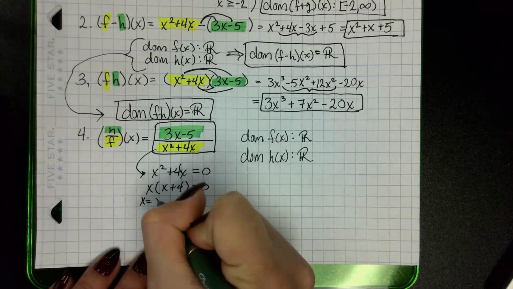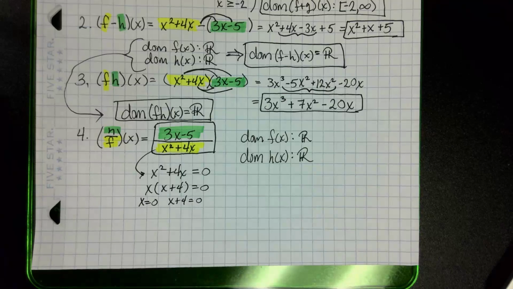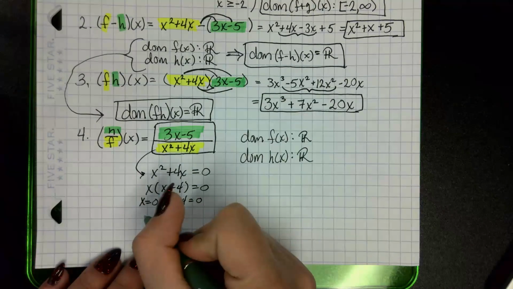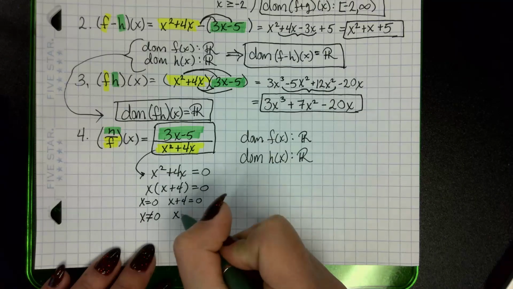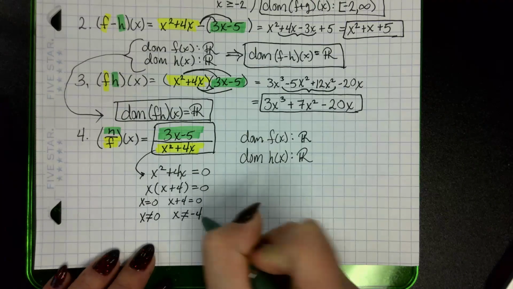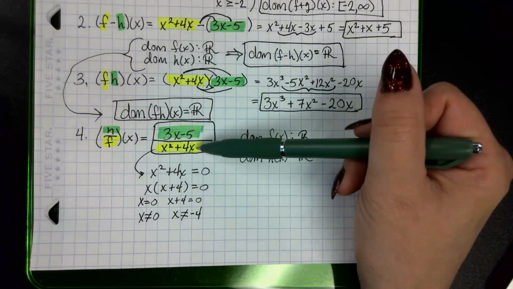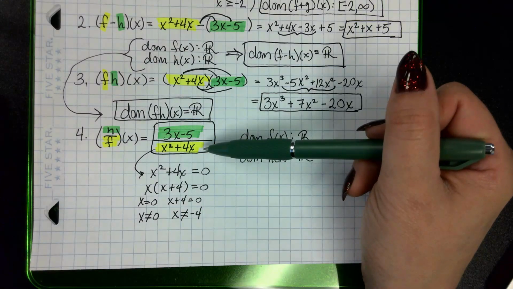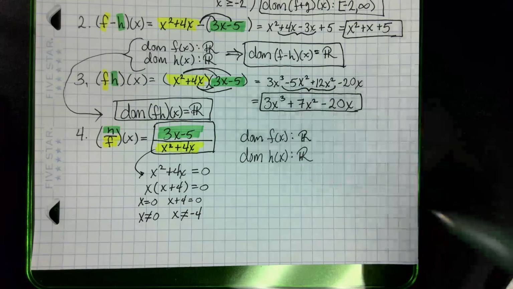So I set x equal to 0, and I set x plus 4 equal to 0. So that tells me that x cannot equal 0, and x cannot equal negative 4. Those are my domain restrictions, because if the x value is 0, it gives me a 0 in the denominator. If the x value is negative 4, it also gives me a 0.